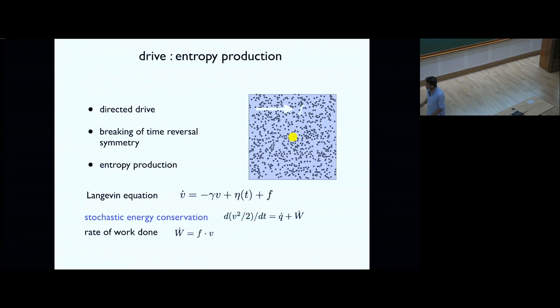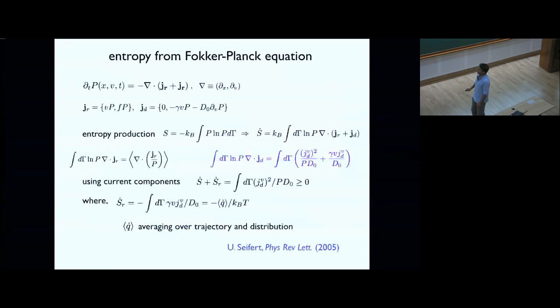So that's the rate of work done. I'm just using standard, well-established notions, and much of these notions were established by Udo, who has several review articles. I particularly like his Physical Review Letter one-page argument in that.